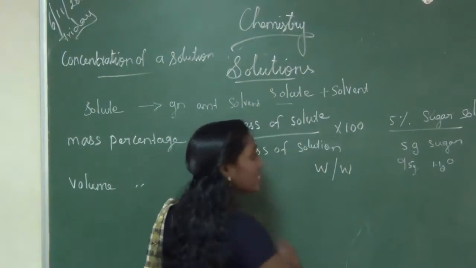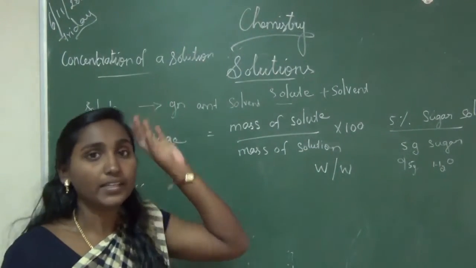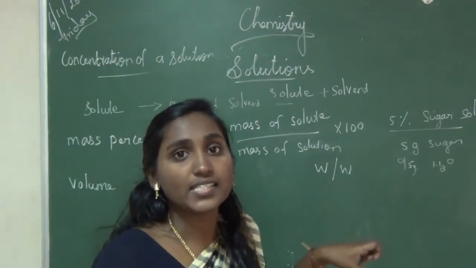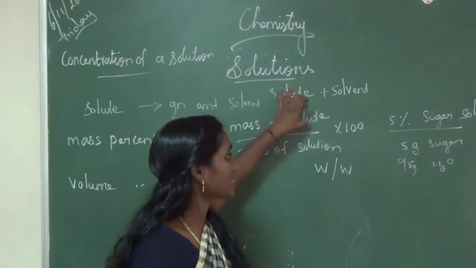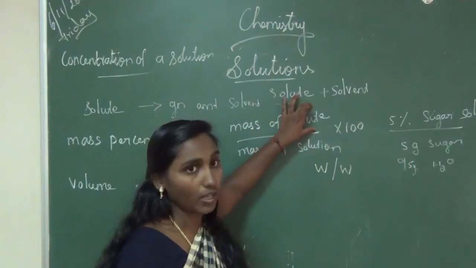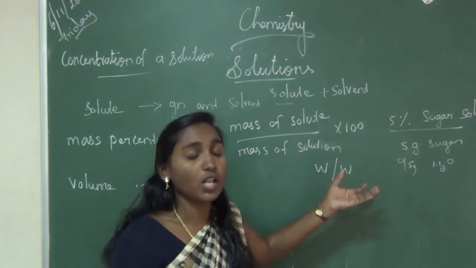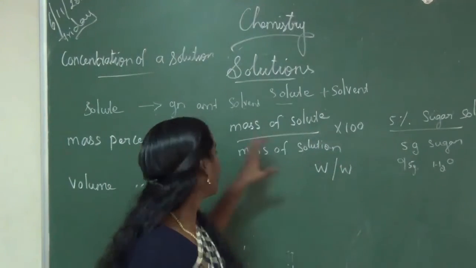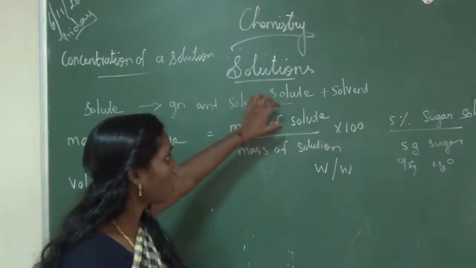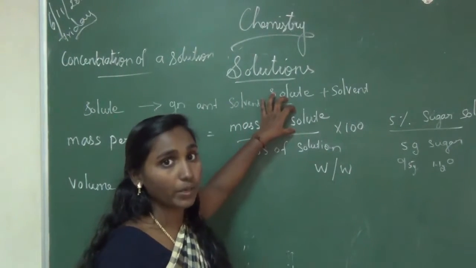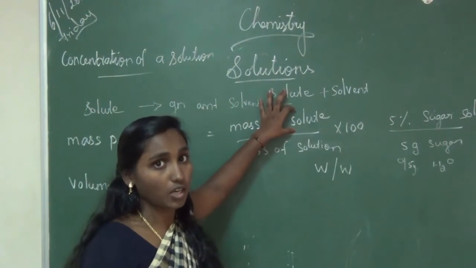Mass percentage is expressed by W by W. This mass percentage is mostly used when the solute is solid and the solvent is liquid. Sugar or salt, okay?